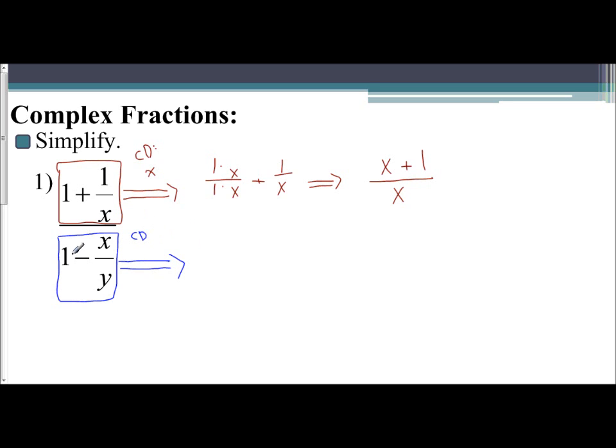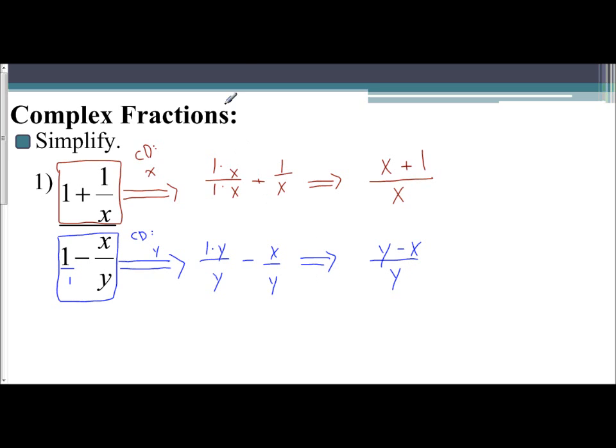I have 1 over 1 and x over y, so the common denominator is y. So I have 1 times y over y minus x over y. Well, 1 times y is just y, so you get y minus x on the top over your y.